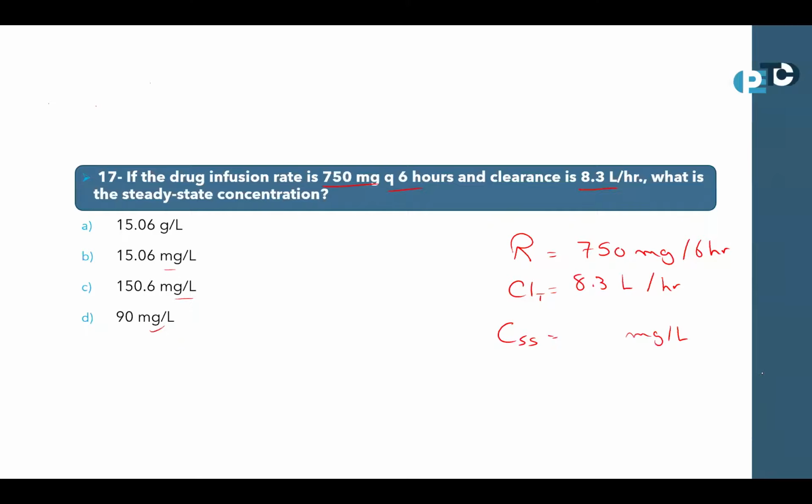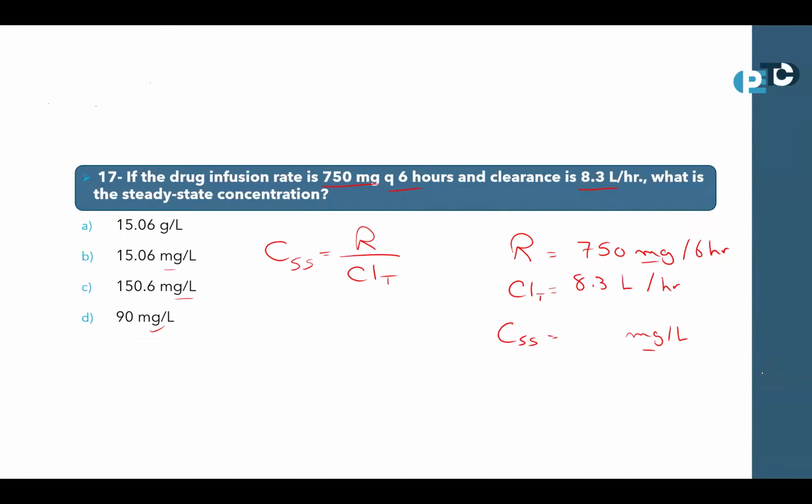What is the formula that we can use here? We have a formula saying that CSS equals R over total clearance. Can you divide 750 over 8.3 directly? No. We should check the units first. The unit of weight, milligrams: okay, no problem.